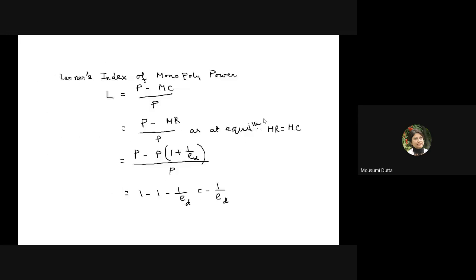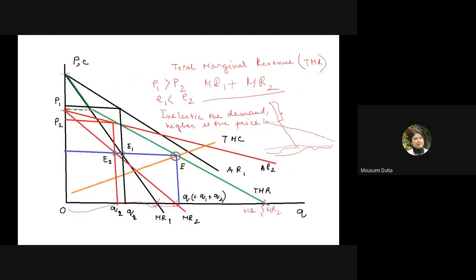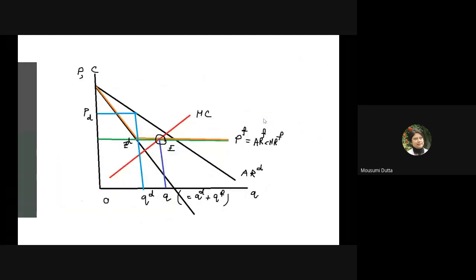Last day, I started to talk about an easier context, where there is monopoly in the domestic market, whereas perfect competition in the foreign market. The firm is a sole producer in the home market, whereas the firm is one of many producers in the foreign market.